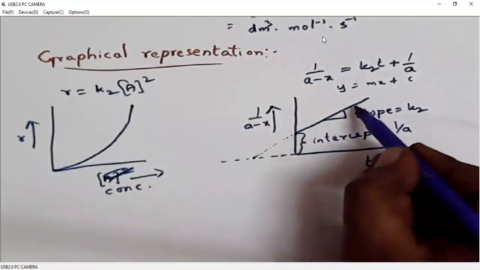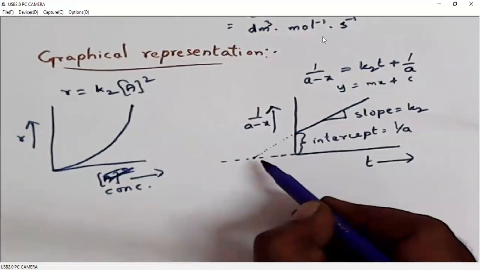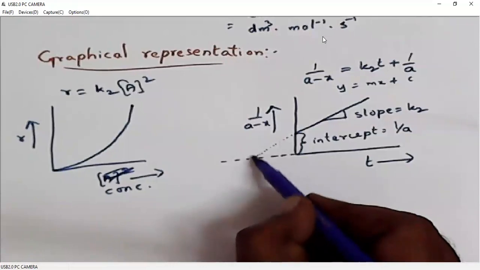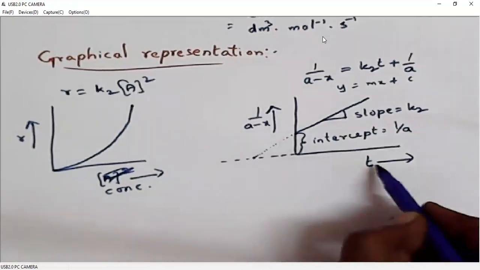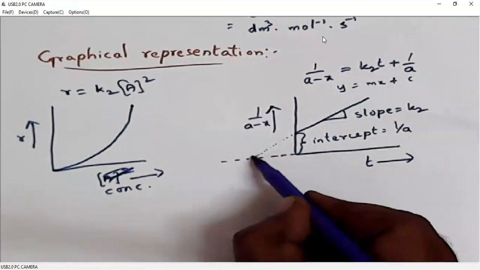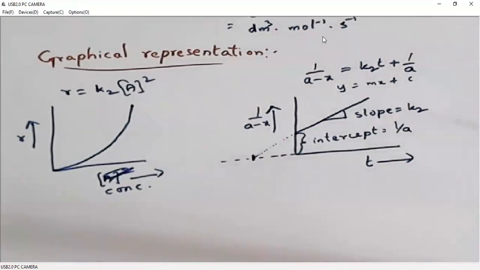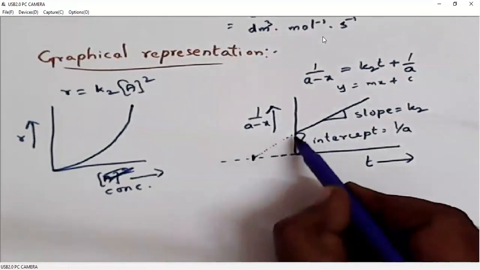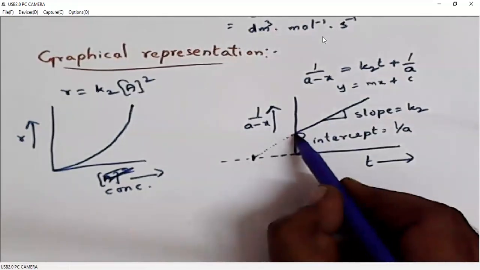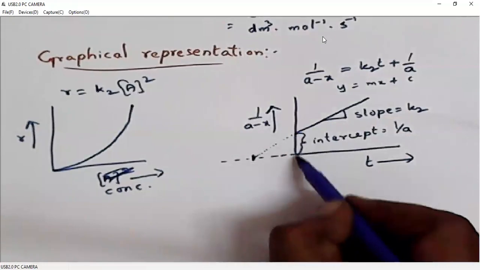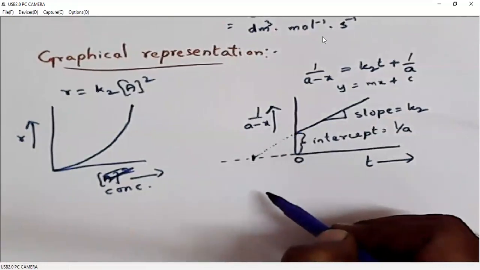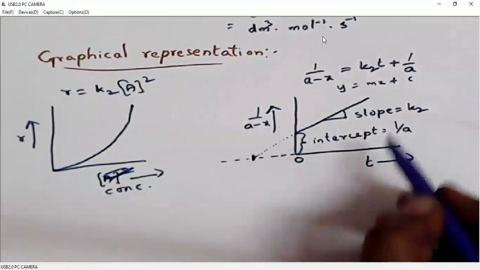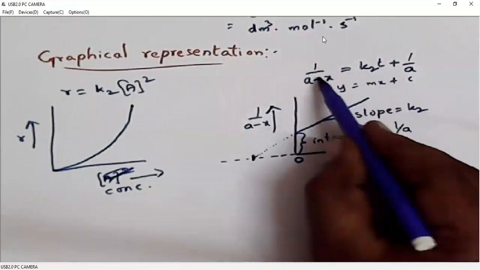When this line is extrapolated and made to cross the time axis, what is the value of time there? It's a very simple thing. If you want to know anything on the y-axis, we take x as 0. Here t as 0, then y is equal to 1 by a.